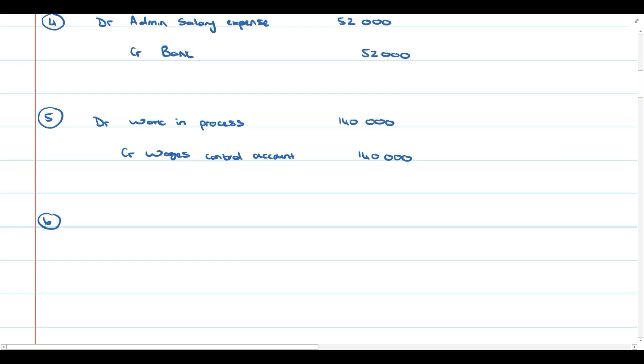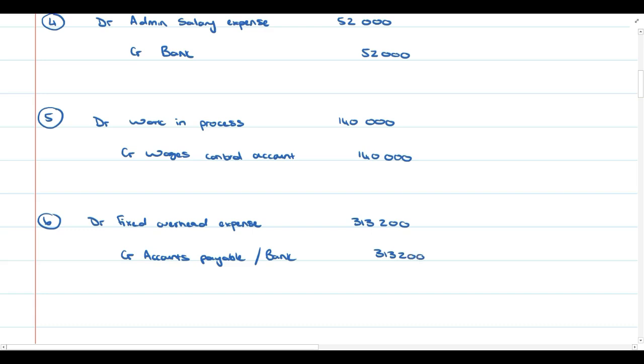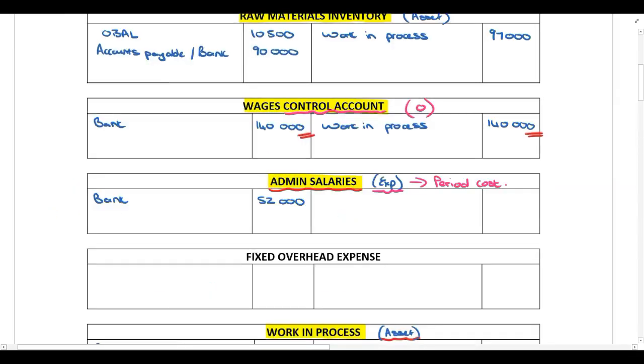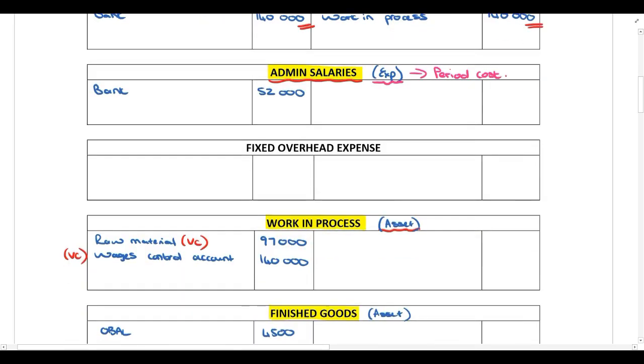You're going to debit your fixed overhead expense, and you're going to credit either accounts payable or bank. Record that in our general ledger account.